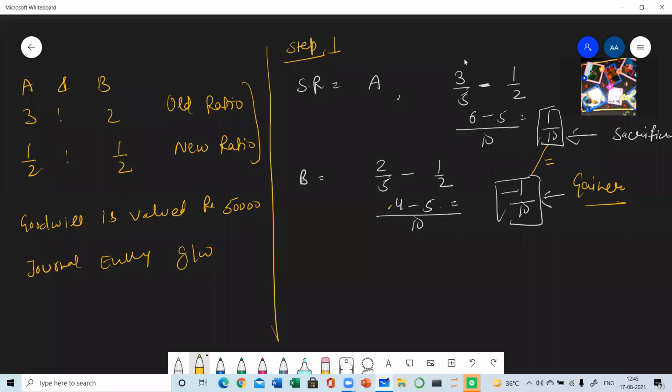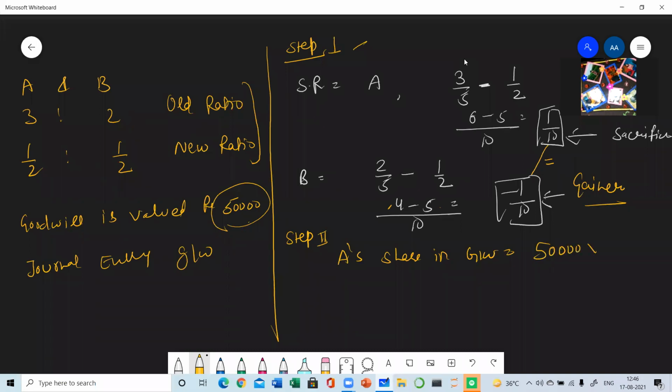This step we have already learned in the previous class. Now come to the topic. What is the topic? How the goodwill will be treated now. Step 1 we have already done. Now do step 2. In step 2, the gainer partner's share and sacrificer partner's share will be multiplied by the goodwill. So A's share in goodwill. What is the amount of the firm's goodwill?